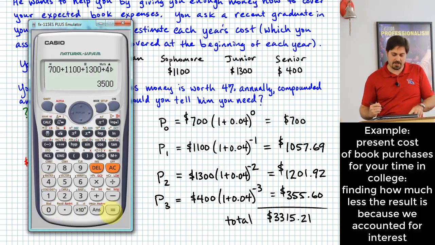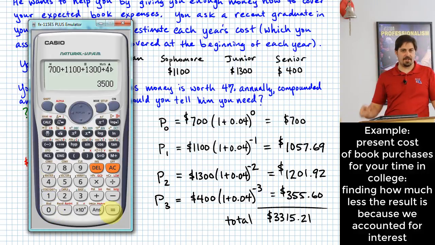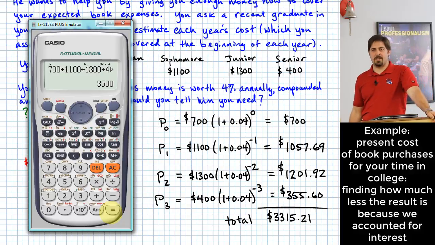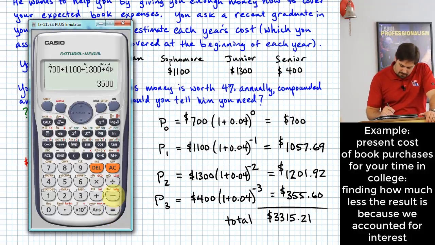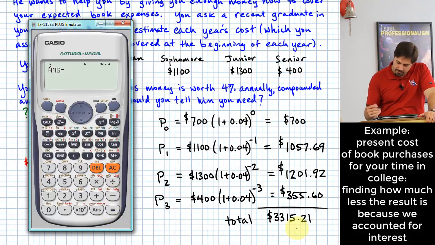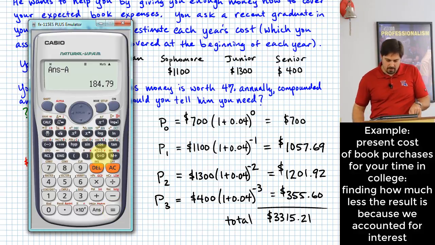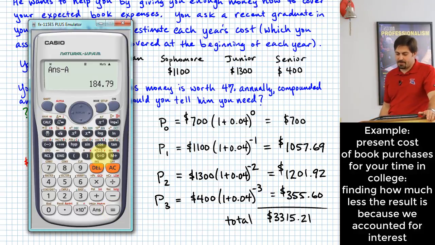This is what you would have asked for with a simple evaluation of what you think your expenses would be, right? Assuming no interest or anything like that. And so you take that value and you subtract what you just found, 3,315.21, okay? Which you can just, if you have that stored like I do, change is 184.79.